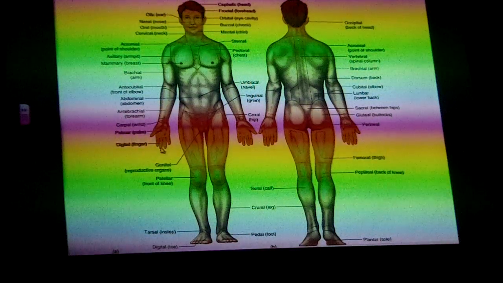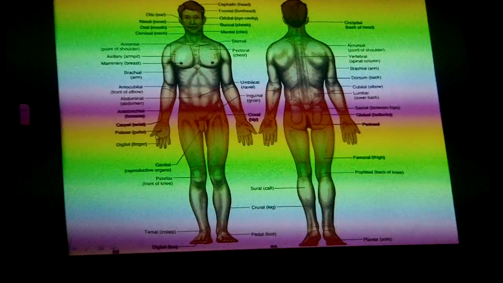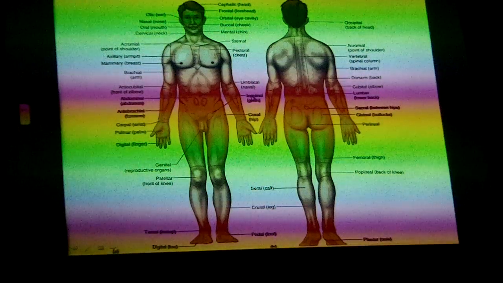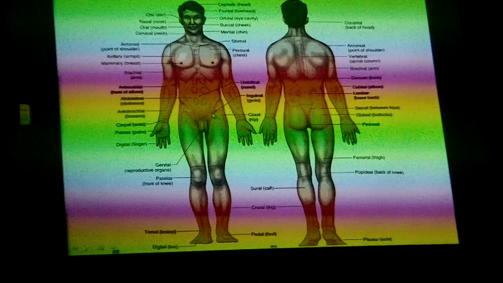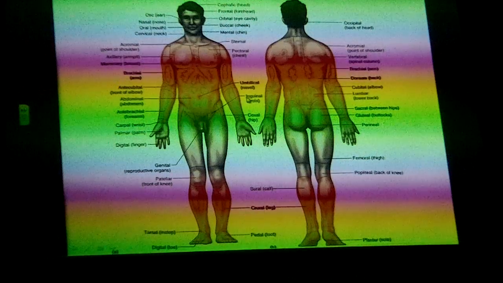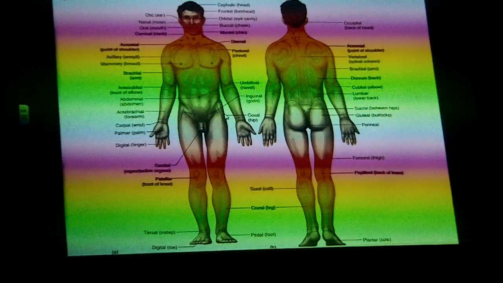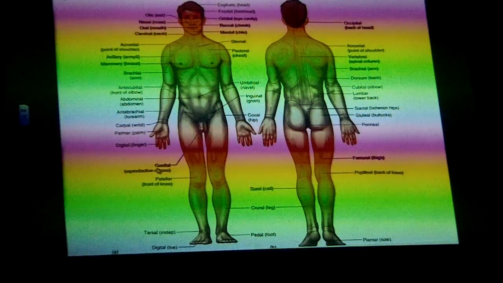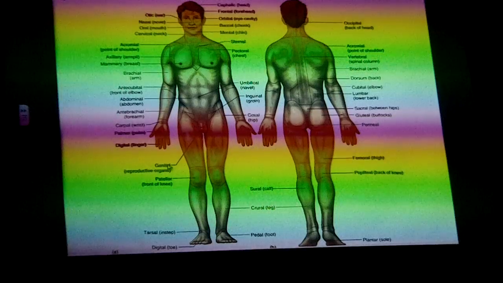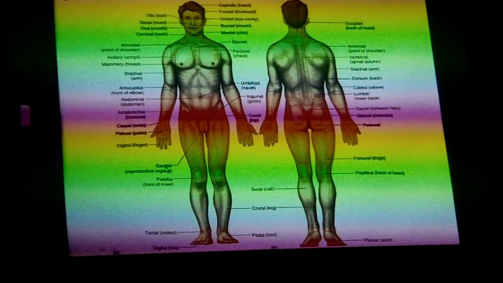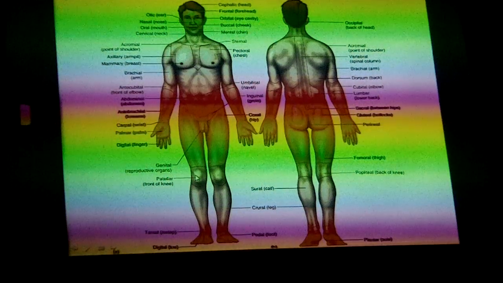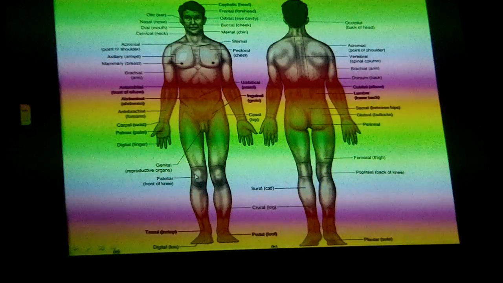Digital is the fingers. Inguinal is the groin area. Inguinal. Coxal is the hip. Your reproductive organs are your genitals. The patellar is the kneecap or the front of the knee.